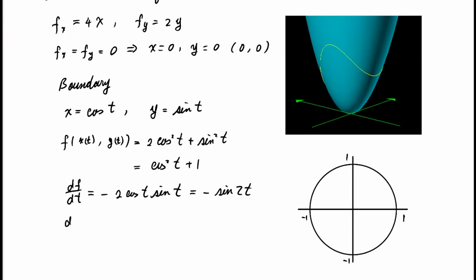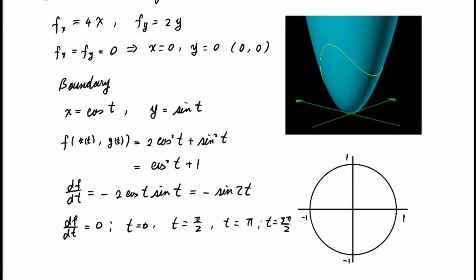Now we set this thingy equal to 0. Right, then t is equal to 0, t is equal to pi over 2, that still gives you 0 here, and t is equal to pi, and t is equal to 3 pi over 2.